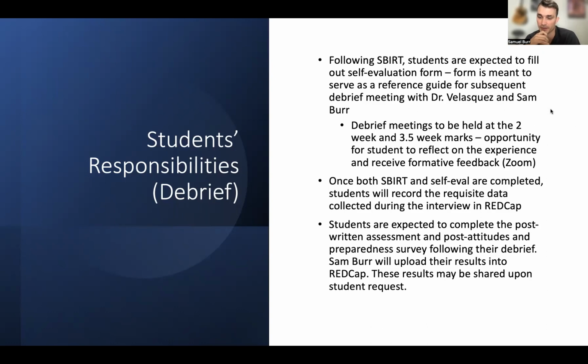It'll hopefully still be fairly raw, or at least informed by their experiences and the training. And then they'll redo the post attitudes and preparedness survey, and we will measure the changes in scores for both of those. I have a rubric for scoring the attitudes and preparedness survey so that we can quantify their positive or negative attitudes and feelings of preparedness.